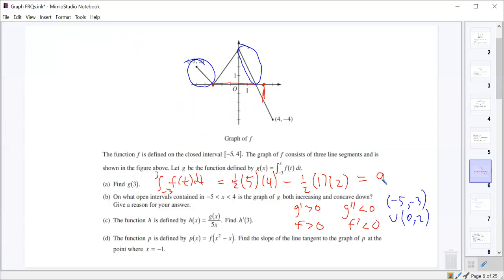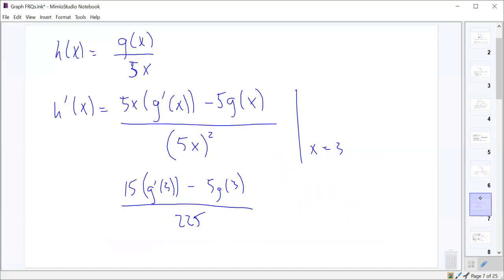G of 3 we already found, g of 3 was 9. G prime of 3 is just f of 3, which is -2. So we've got 15 times -2 minus 5 times 9 over 225.